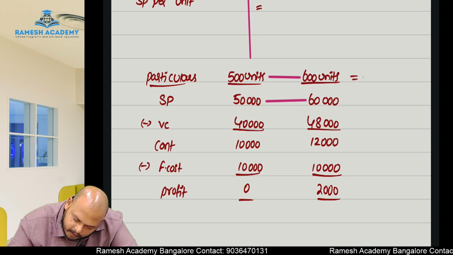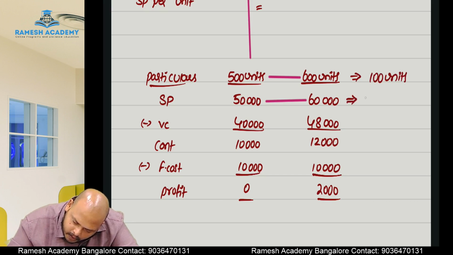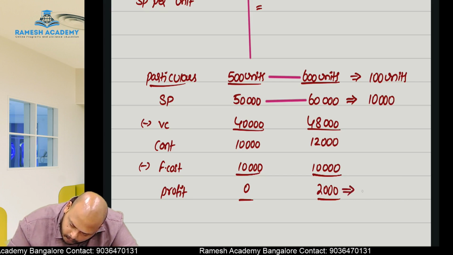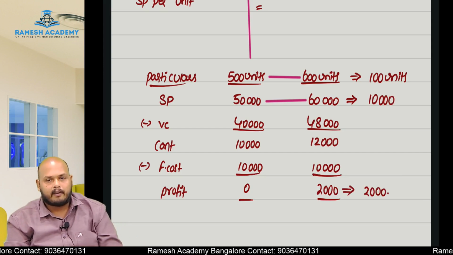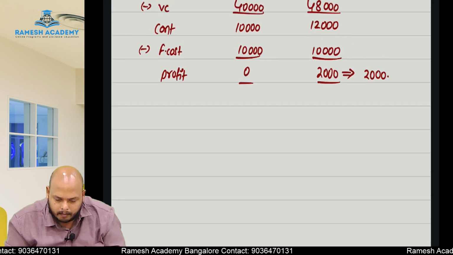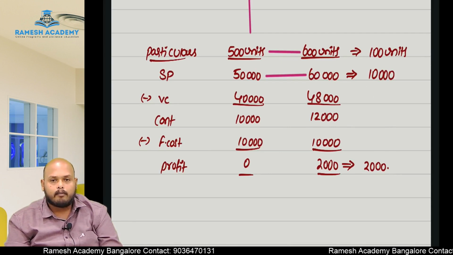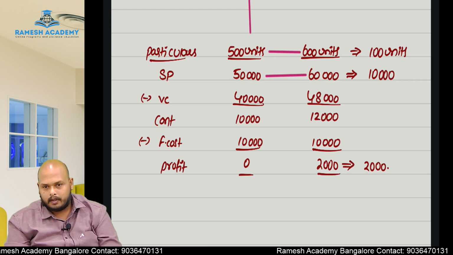So margin of safety quantity is 100 units, margin of safety value is 10,000 rupees, and margin of safety profit is 2,000 rupees. Now we have got all of them.